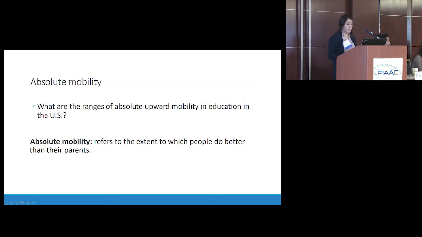So in order to do this comparison, we need to focus on one variable that we have information for both children and parents. The variable we have is education. That's why we study absolute mobility in education, to see to what extent educational outcomes of children are higher than their parents'.